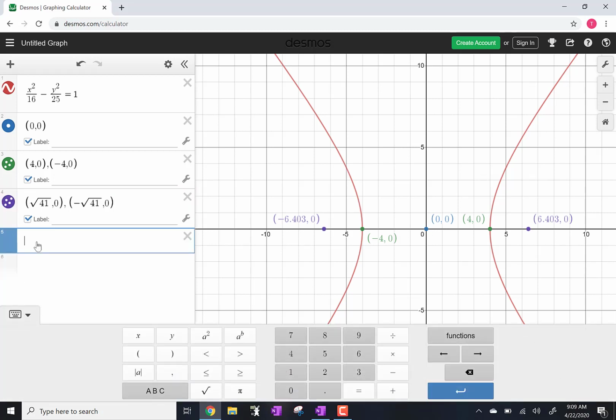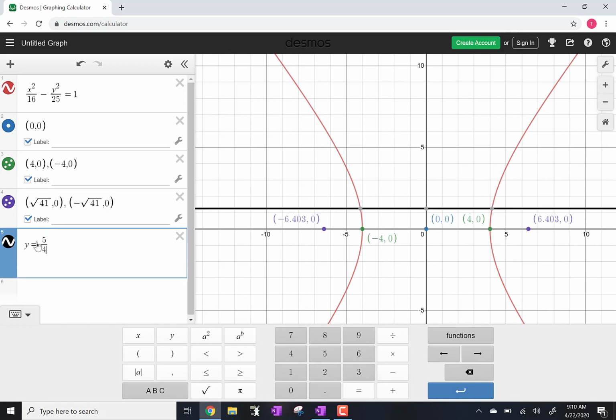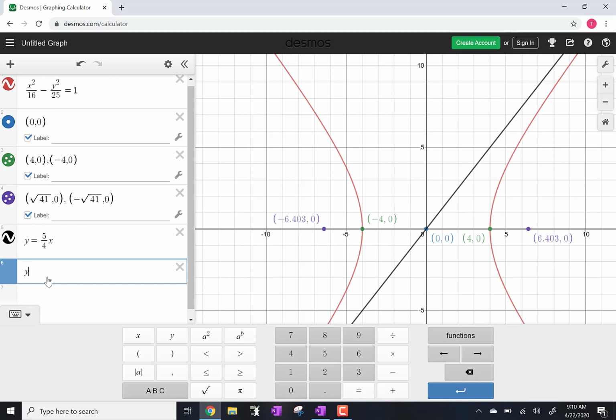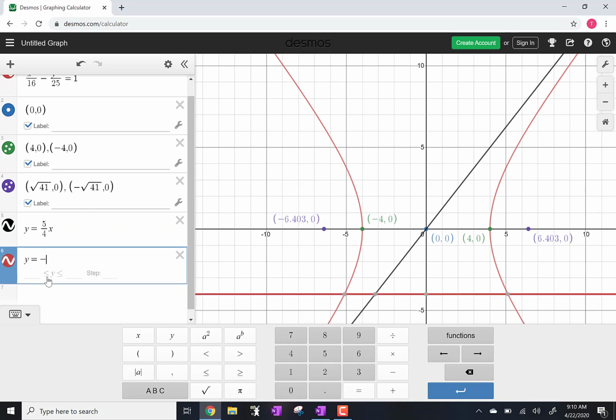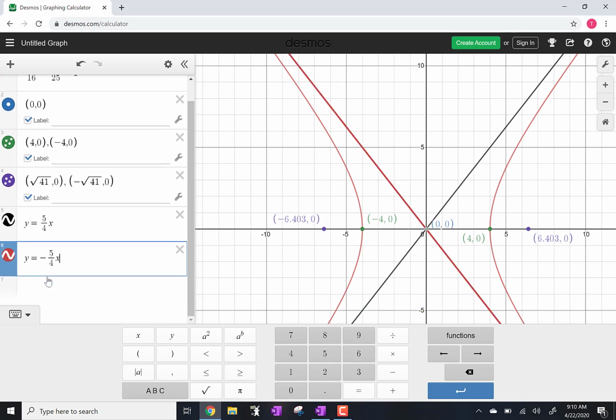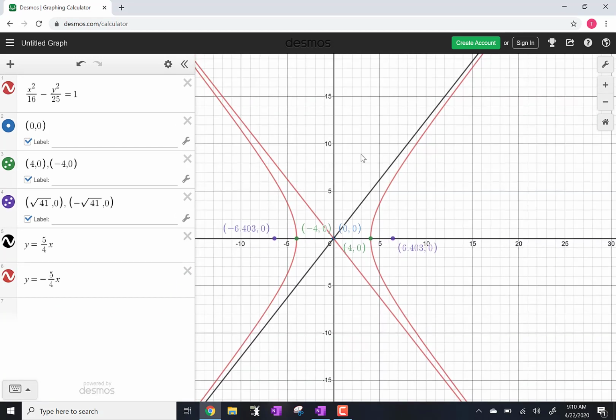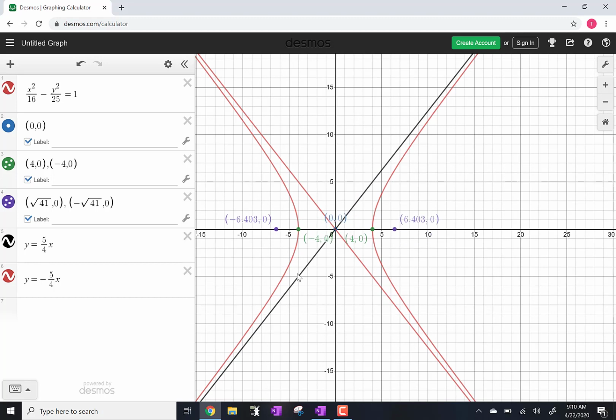And then lastly, the asymptotes is y equals 5 fourths x and y equals negative 5 fourths x. Right, so we can see all of that labeled in. All right.